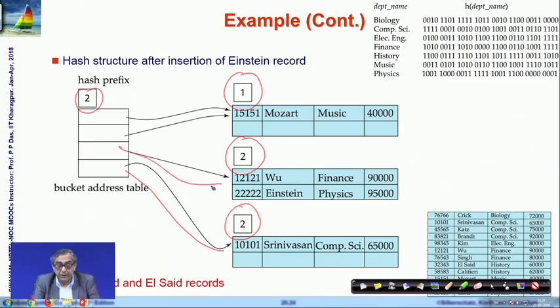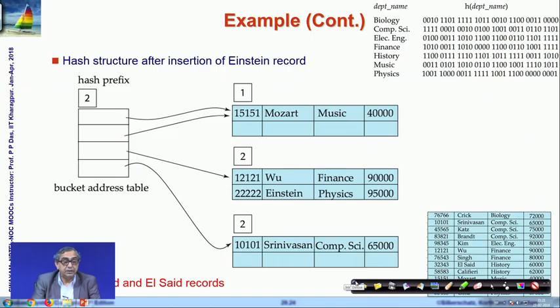But if the local depth, as in here, is less than the global depth in terms of the number of prefix bits you are looking at, then multiple bucket address table pointers actually end up in the same bucket, and that is the main principle of this algorithm. We can just continue further inserting gold and said into this.